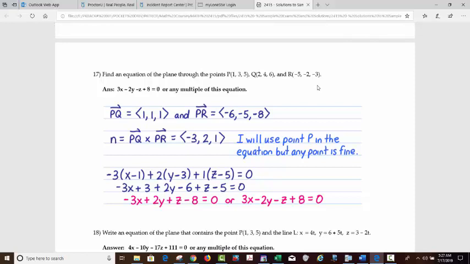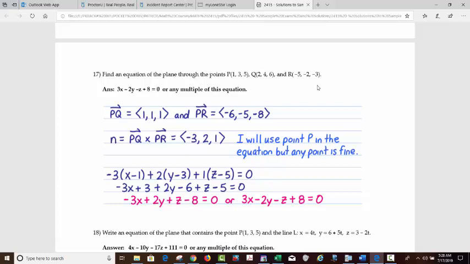So all you have to do is come up with any 2 of the 3 possible vectors between those points. There's PQ, PR, and QR. Any 2 of those. I just did PQ and PR. And then to get our normal vector, it comes from the cross product. Because remember, the terms normal, orthogonal, and perpendicular are all basically the same thing.